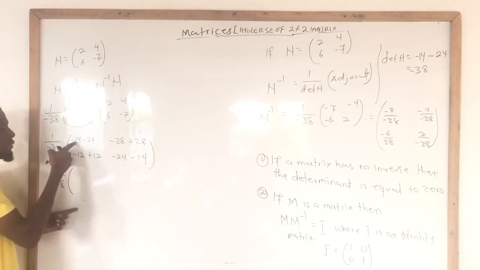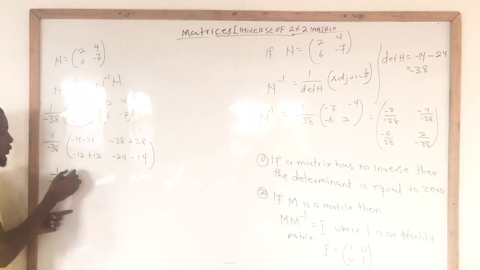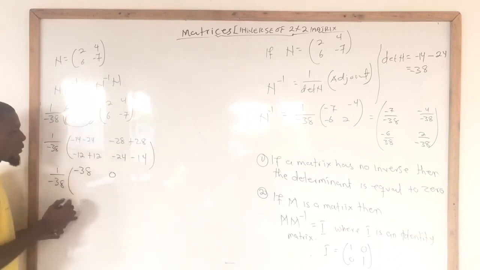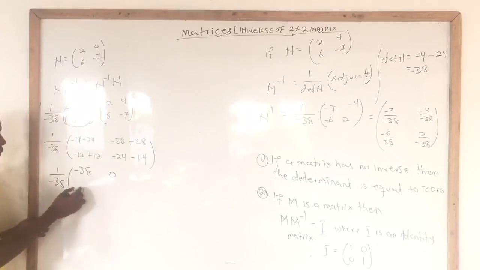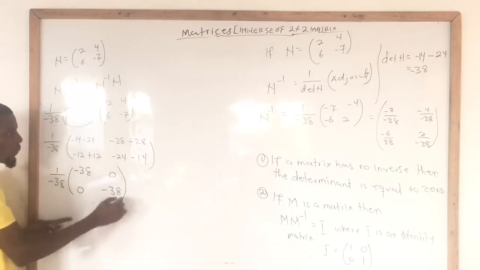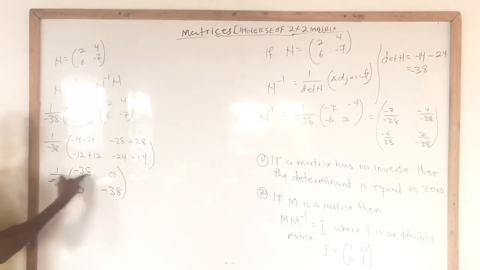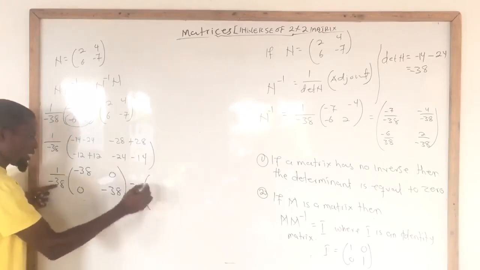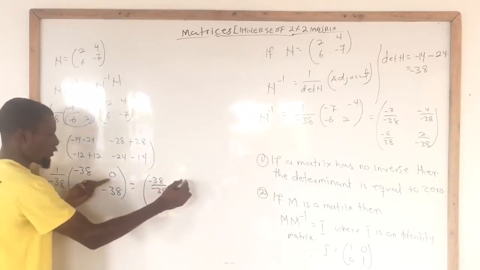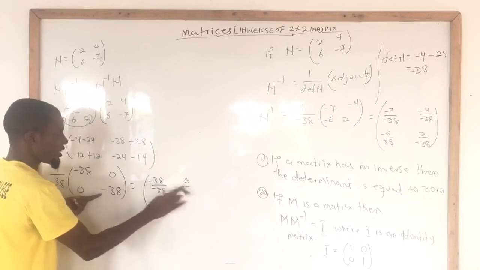All right, so you realize that now if I have negative 14 plus negative 24 is going to give me negative 38, right? Now this is going to give me 0, this is going to give me 0, and then this is going to give me negative 38. Is that not so? Alright, now if I expand this one, do you realize this one gives me negative 38 over negative 38? And then of course this is 0 over negative 38. That will give me 0.